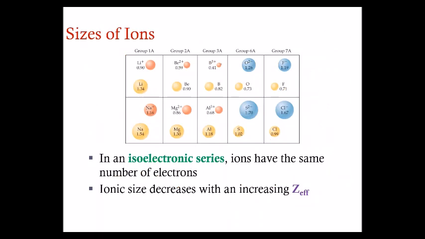Across a period's a little bit different. When you're going across a period and you're comparing ions, you're looking at isoelectronic series here. Ions have the same number of electrons because remember, they're all mimicking their noble gas configuration. Looking at this particular one here, neon would be the noble gas.